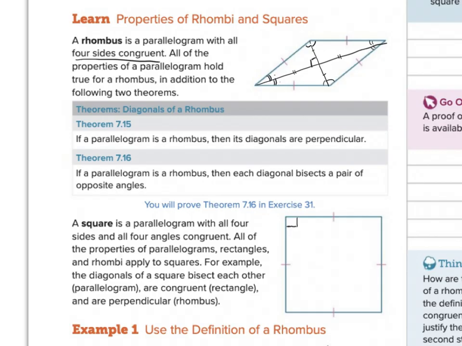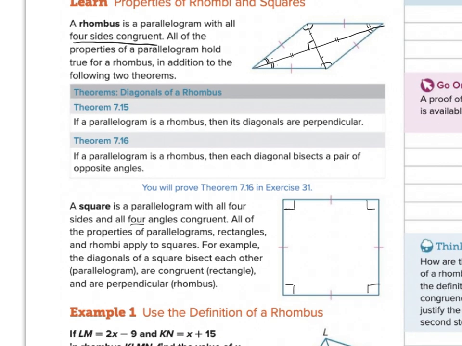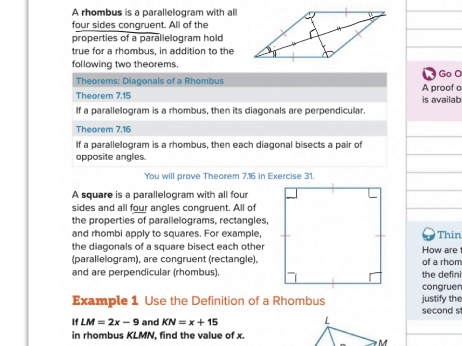All four angles are congruent. So in order for all four angles to be congruent, all four angles would have to be 90 degrees. Otherwise, all the properties of a parallelogram and rhombus apply, but when that rhombus has 90-degree corners, it turns into a square. We have a special name for it.